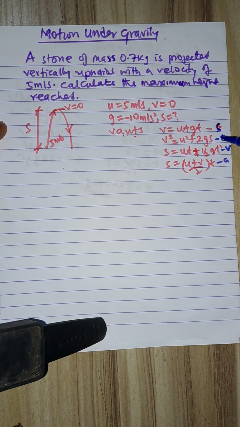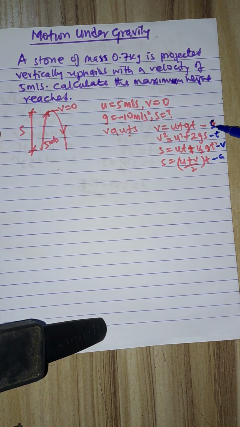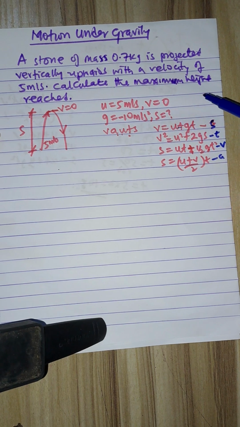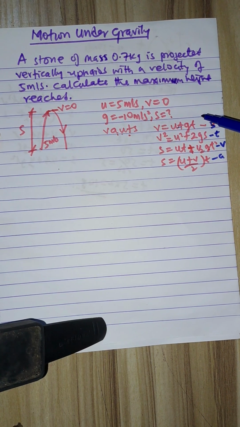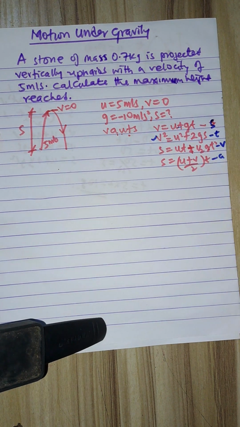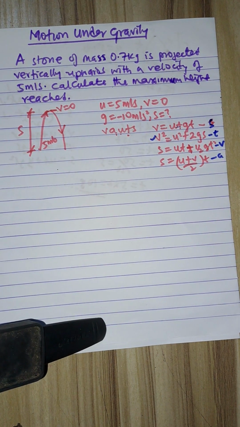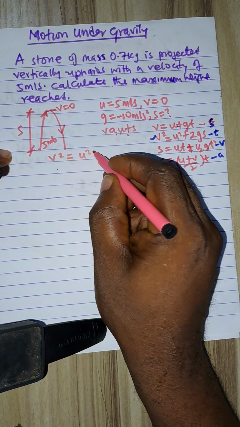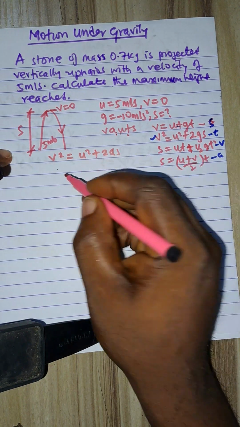So when you are given a problem to solve, you pick the equation that doesn't contain the missing quantity. For instance, our question now does not contain T, and so the appropriate equation to use is equation number 2. You see that? Now we use V squared equals U squared plus 2AS.